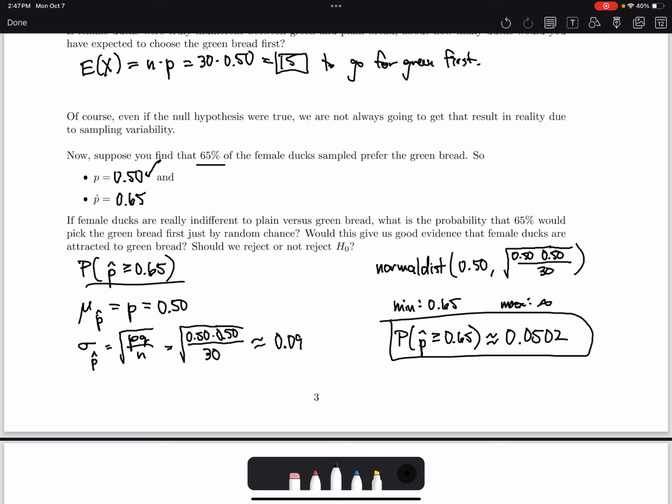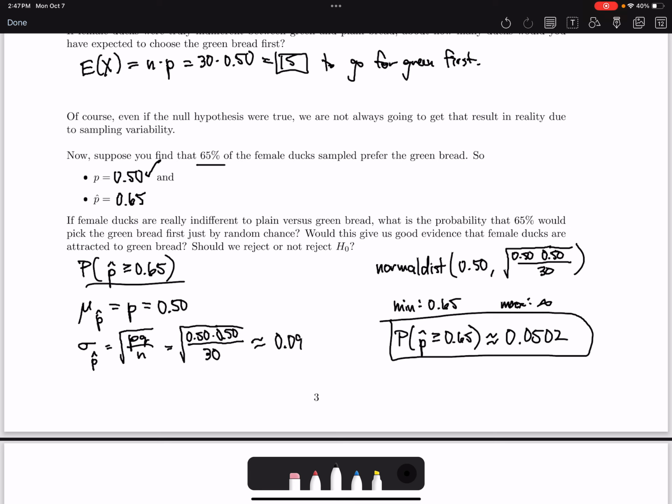The question is, would this give us good evidence that female ducks are attracted to green bread? Well, in the past, we would say anything that has less than a 5% chance of occurring is unusual. And in this case, we did not get a probability of less than 5%. So we wouldn't necessarily call this unusual, although we're going to update our understanding surrounding that issue in a second.